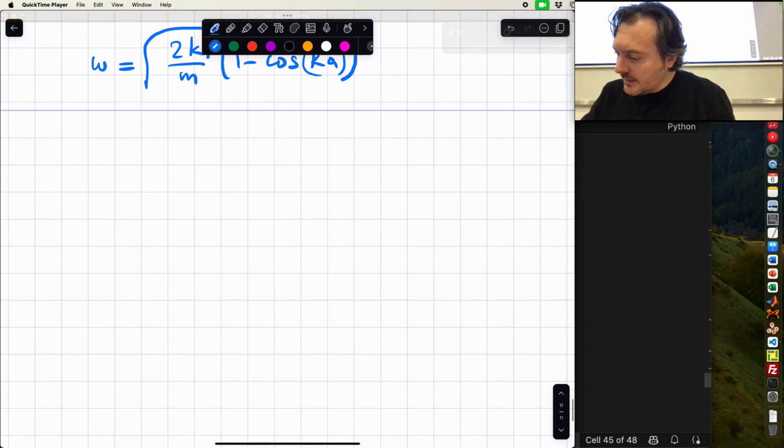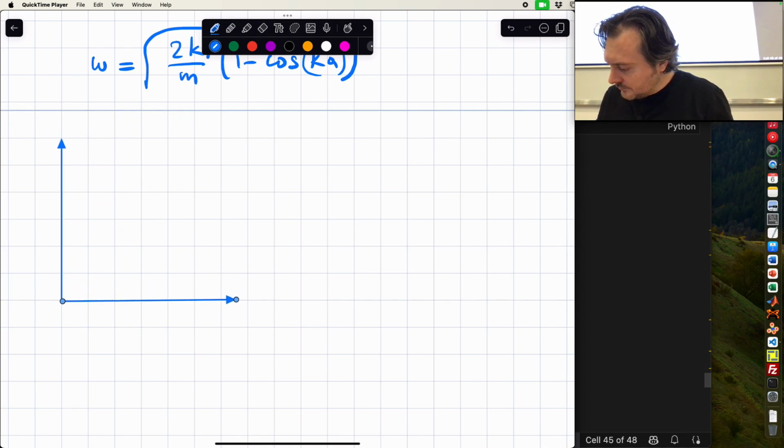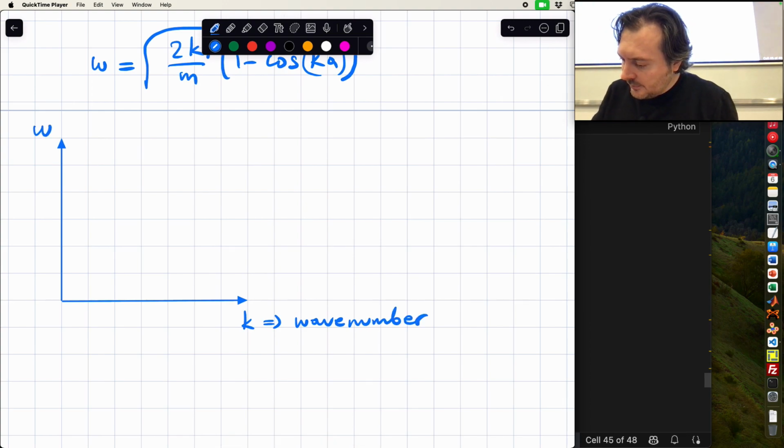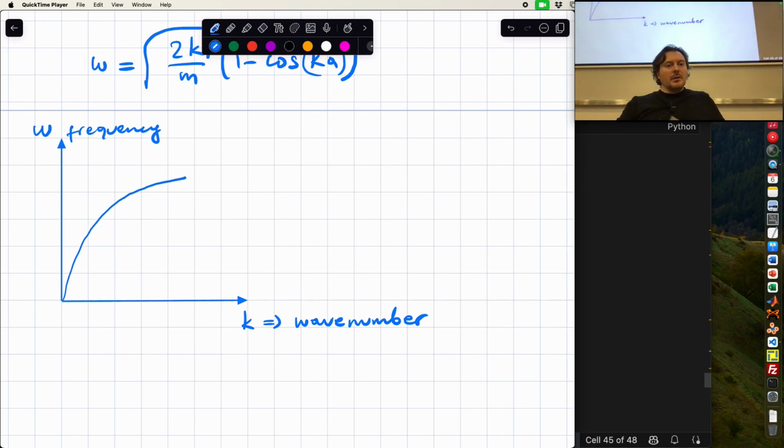So you basically have k, which is representing the wave number, and omega, which is the angular frequency, and you get this dispersion.